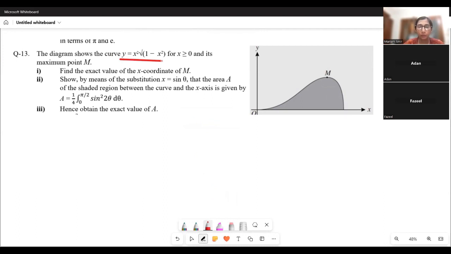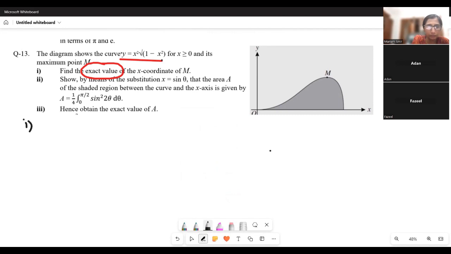Find the exact value of the x coordinate of m. इसको हम करेंगे highlight ताकि हमें याद रहे कि हमने एंड में कैलकुलेटर नहीं यूज करना और एग्जैक्ट वैल्यू निकालनी. Don't give a decimal answer, give an exact answer. Okay, so that's the maximum point.